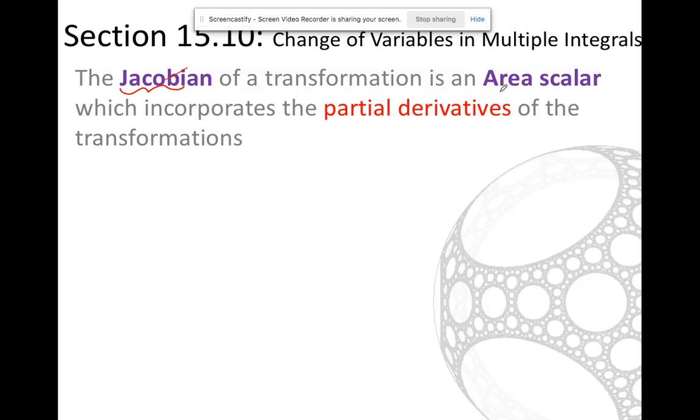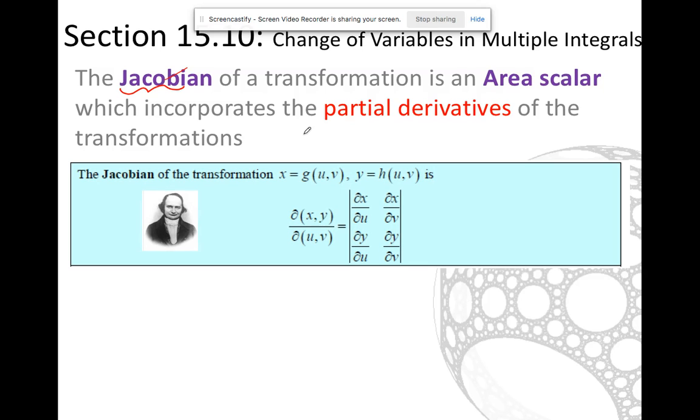It is the area scalar, and it involves the partial derivatives of the transformations. There he is, Carl, I think is his first name. But Jacobi came up with the price we pay from going from the XY plane into the UV plane. Here's your determinant. Notice your determinant is made up of partial derivatives.